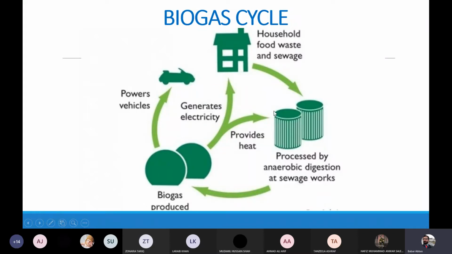For example, it can provide heat to the internal setup of the biogas production system. It can provide heat to the household. It can be used in terms of generating electricity, as well as powering your vehicles.